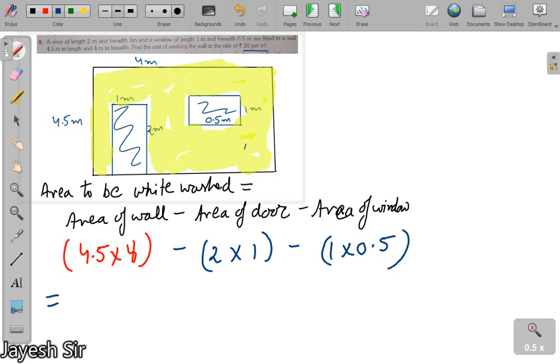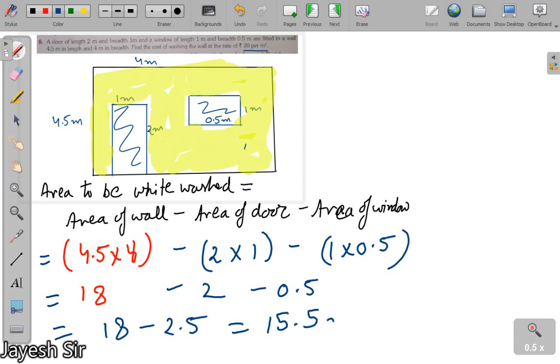On multiplying, 4.5 into 4 will be 18.0. I will write it as 18 minus 2 into 1 is 2, plus 0.5. So this becomes 18 minus 2.5, and on simplifying you will get 15.5 meter square. Meter square is the unit of the area here.